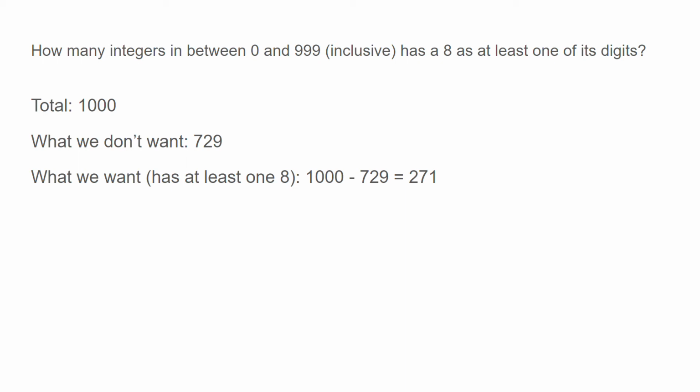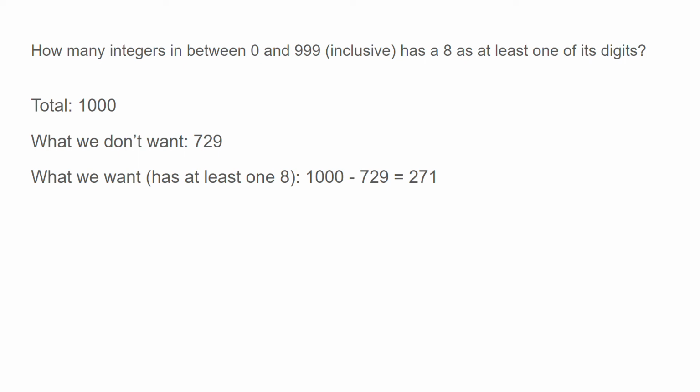But if we were to solve this with some other method, for example, if we were to find all the cases with exactly one 8 and then find all the cases with exactly two 8s and then find all the cases with exactly three 8s and then add them together, we would have the same answer, but it would have taken much longer than this.